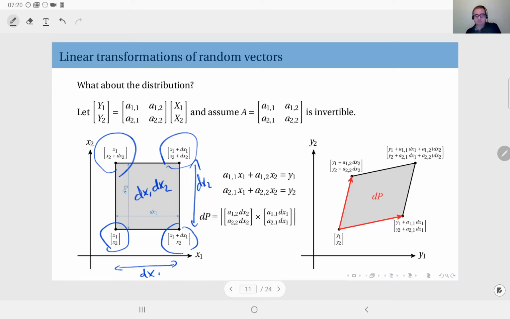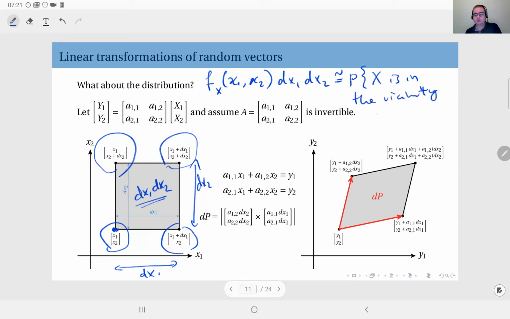Remember, similar to a single random variable, we can write the joint PDF at this point multiplied by this infinitesimal area, and at the limit where dx1 dx2 goes to 0, it will give me the probability that x is in the vicinity of the point x1, x2.